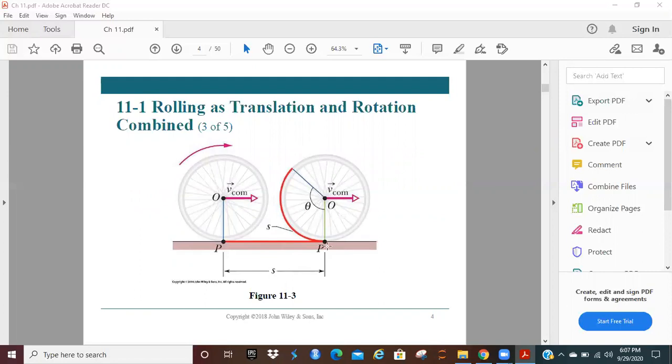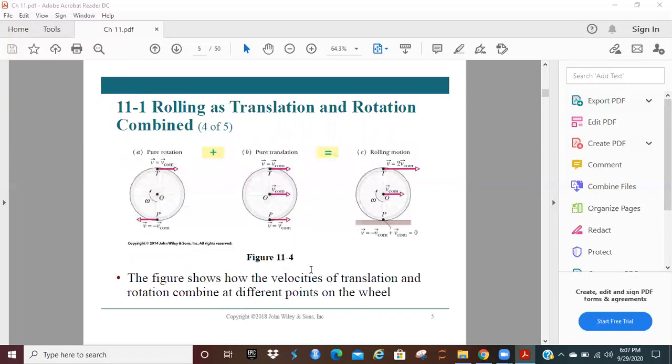And here you can see the picture. There's s, there's the angle subtended, and you can see the motion of the center of mass here. You can see in this particular figure how the velocities of translation and rotation combine at different points on the wheel.